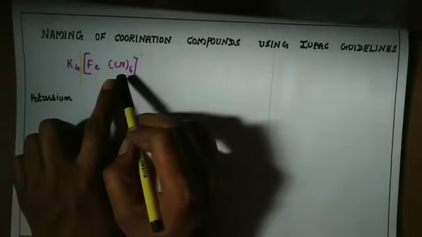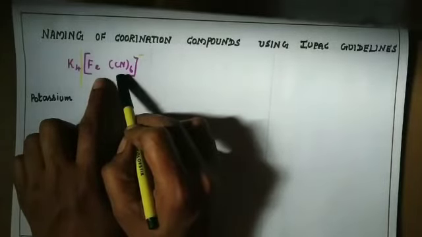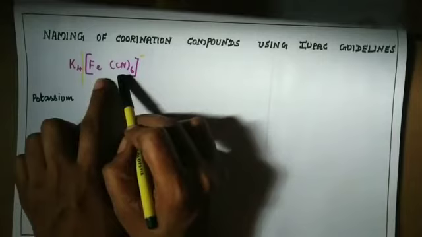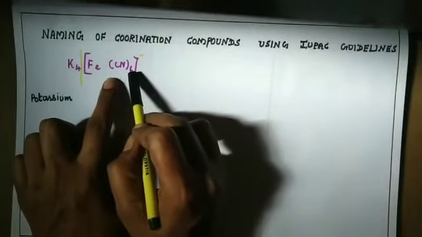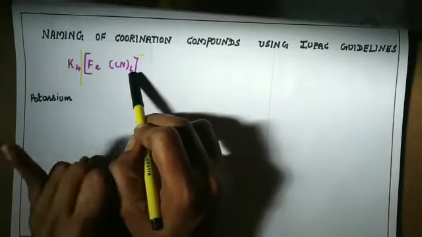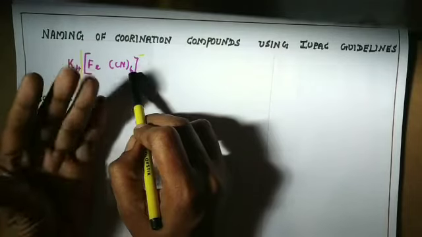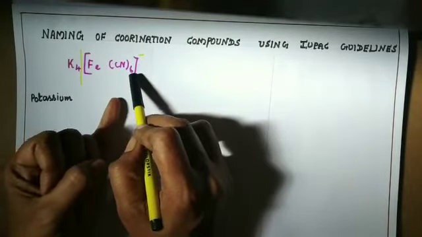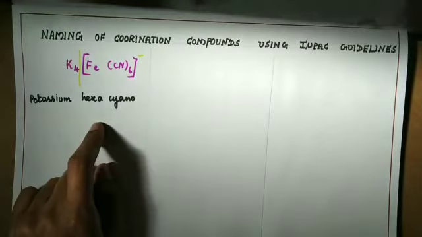All the negative ligands end with the O suffix, so CN is cyanide. How many CN are there? Six. We use mono, di, tri, tetra, penta and hexa. Therefore we write hexa.